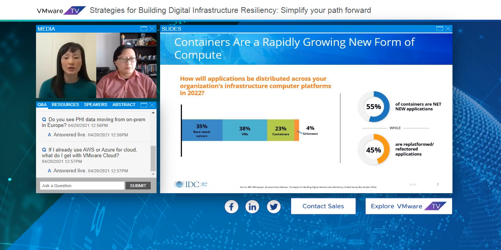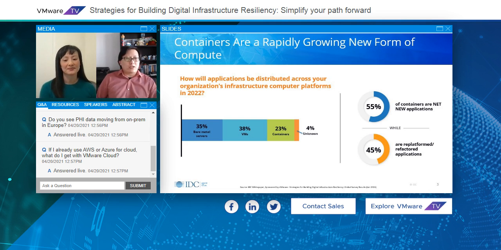Increasingly, we at VMware hear that it's all about the app. And I'd like to see what you saw in the changes in the app landscape. Yeah, so there are a lot of changes, and probably as a lot of people have heard, containers are the new hot thing. They're the new form of compute, and it's interesting.